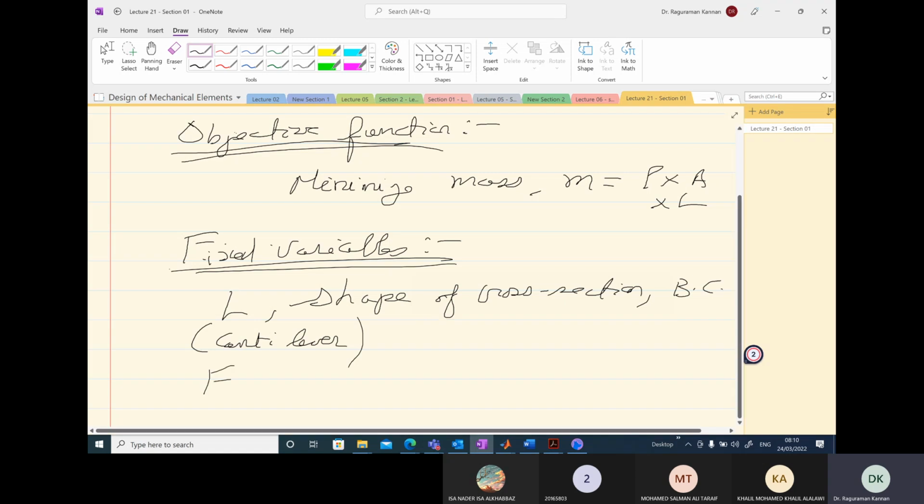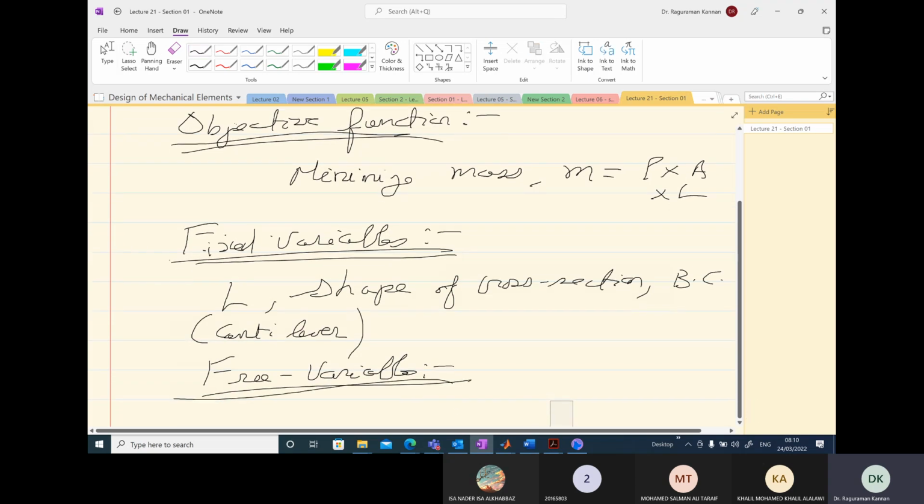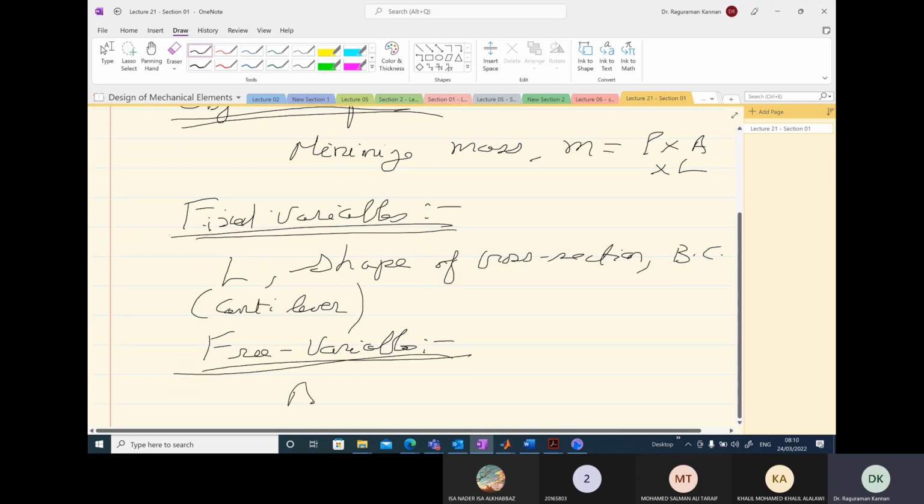So obviously the free variables are whatever is left. What are the free variables? We can have the area of cross section, the material properties rho, E, etc. Here, since we want a light stiff beam, rho must be a free variable.